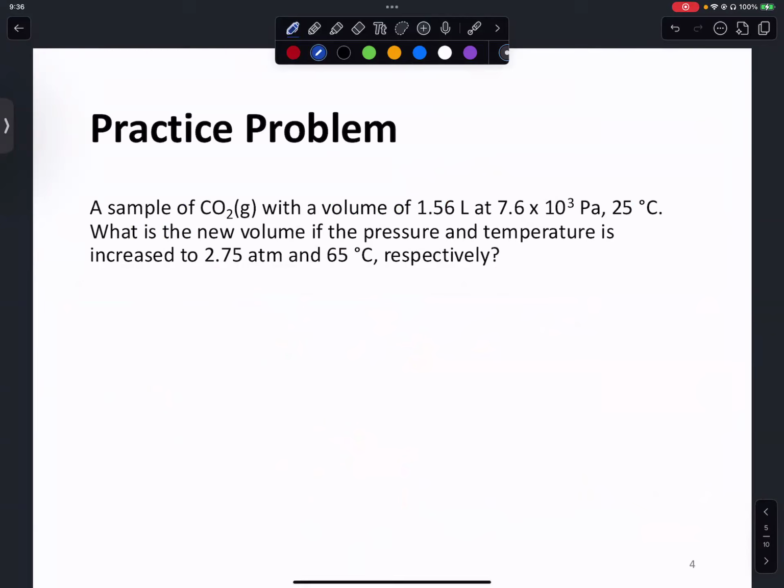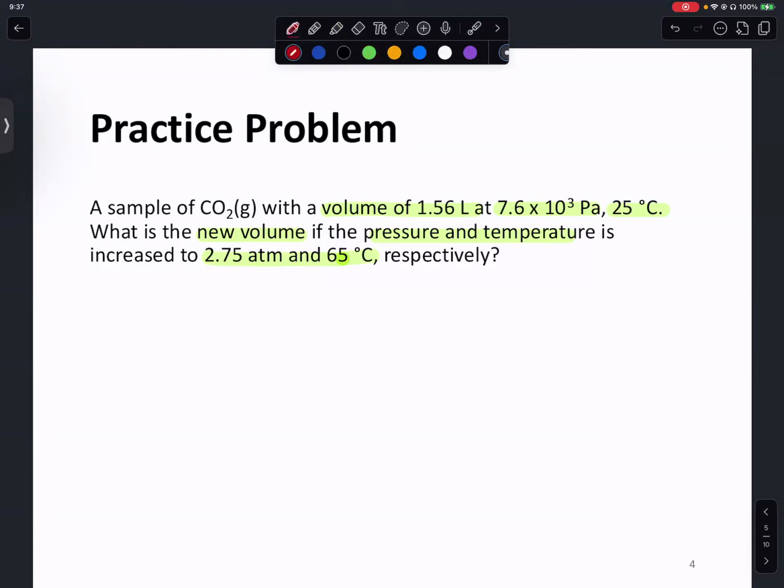Now, let's look at quite a different example. For this example right here, we have a sample of carbon dioxide with a volume of 1.56 liters, pressure of 7.6 times 10 to the third, and 25 degrees Celsius. It asks, what is the new volume if the pressure and temperature are increased to 2.75 and 65 degrees Celsius?